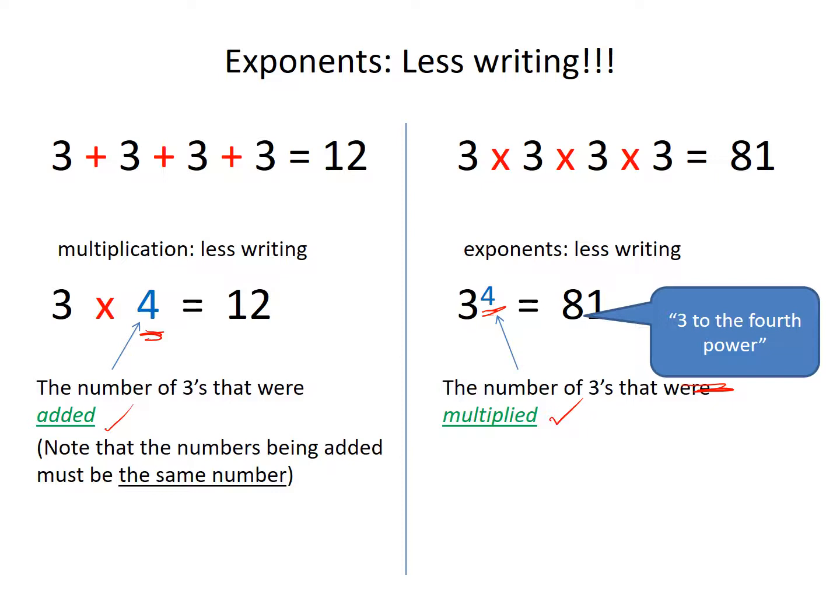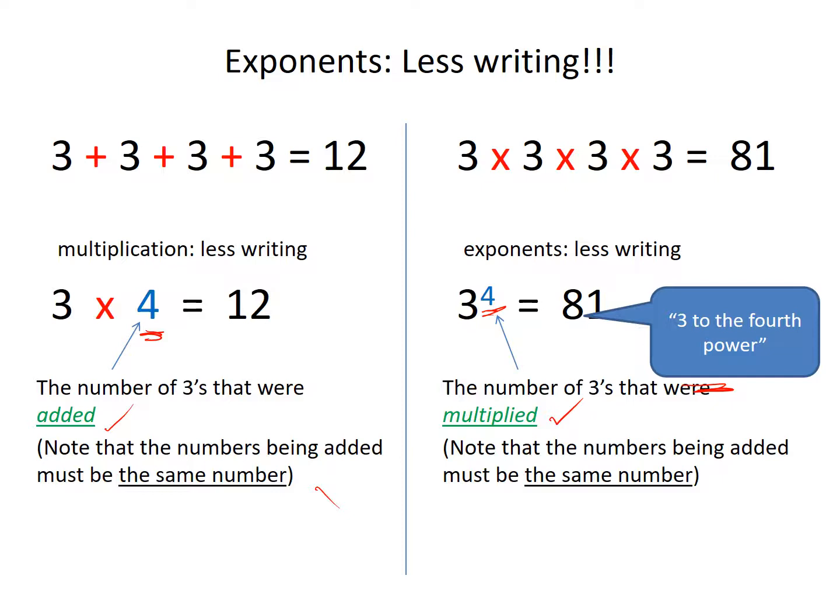And just like the case was for multiplication, the numbers being multiplied have to be the same number. That applies to exponents as well. The numbers being multiplied up here, all 4 of them are 3's, and that's what allows me to write that using an exponent of 3 to the 4th power. You can see it makes it a little bit shorter to write.